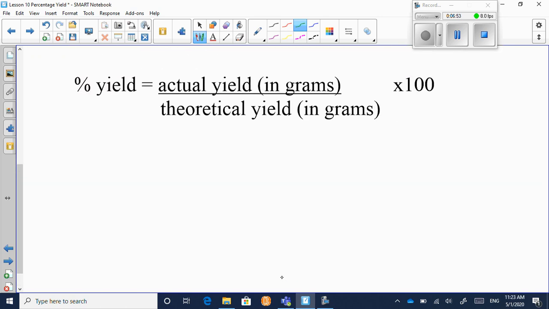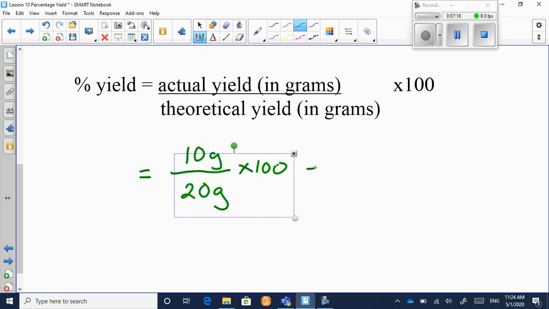So you could imagine that if you had a reaction where you had an actual yield of 10 grams, but the stoichiometry said that you were supposed to get 20 grams, when you divide those two, you would say that you have a 50% yield.